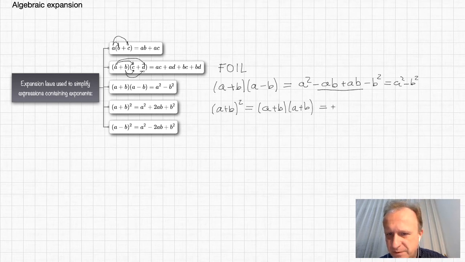So first it's a squared, first and second, then you have plus ab, then second and first term, it's plus ba or ab, it's the same, and plus bb, which is plus b squared. And you see that a squared is copied here, ab plus ab is 2ab, and b squared copied.